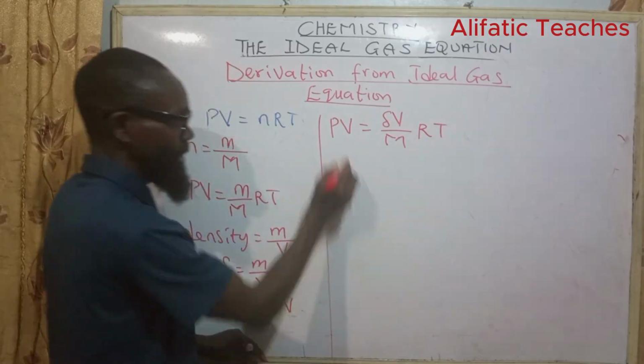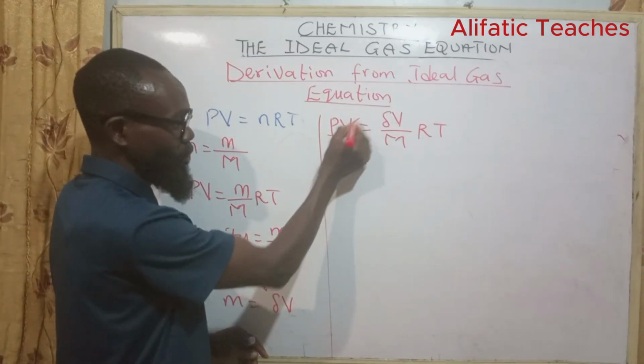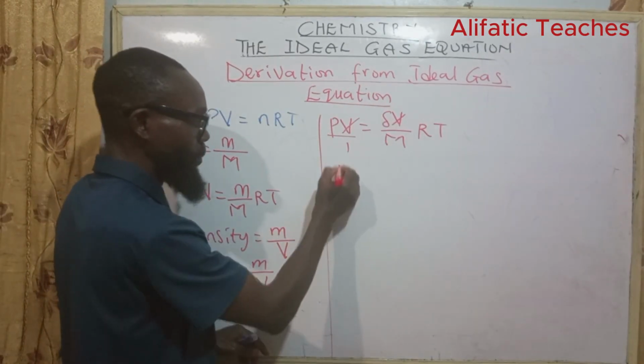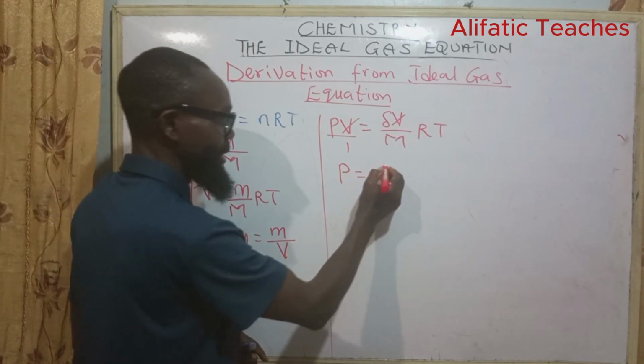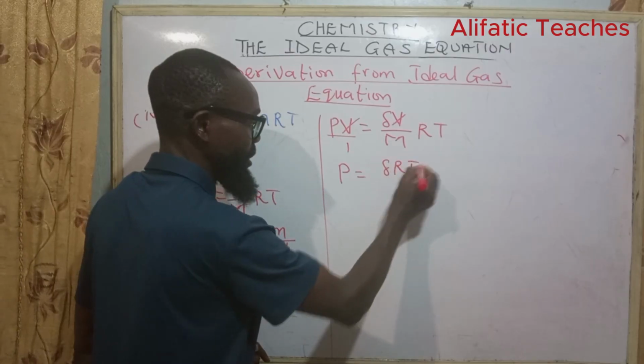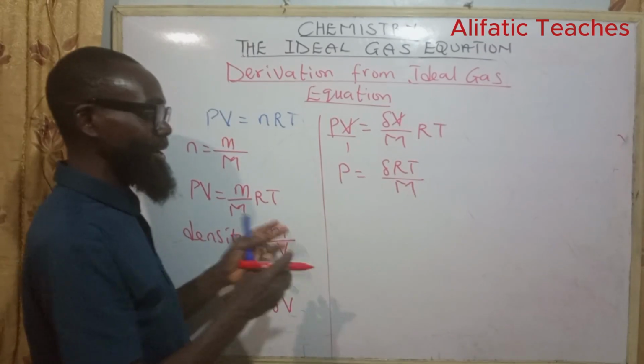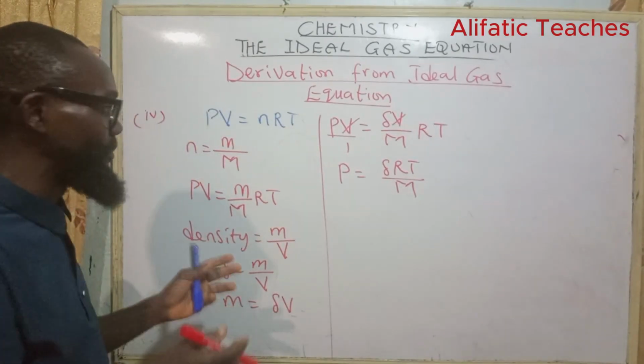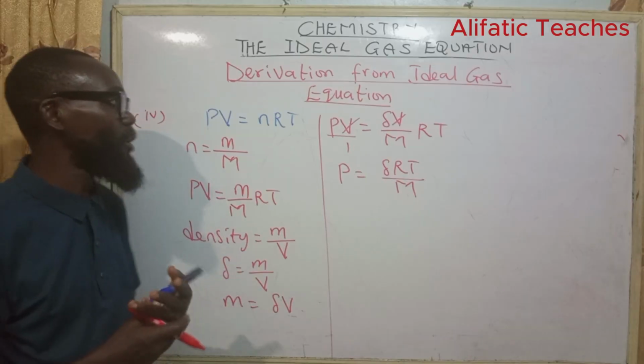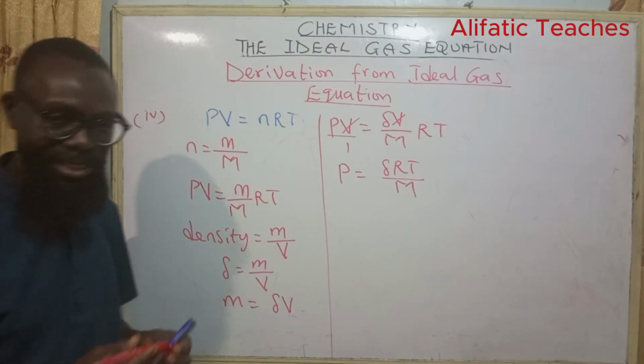RT. This is like over 1 as well. So volume cancels volume. So P is equal to density times RT over molar mass. This is another, fourth derivation that we can derive from our ideal gas equation.